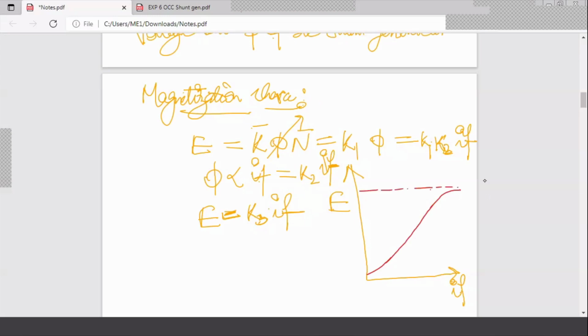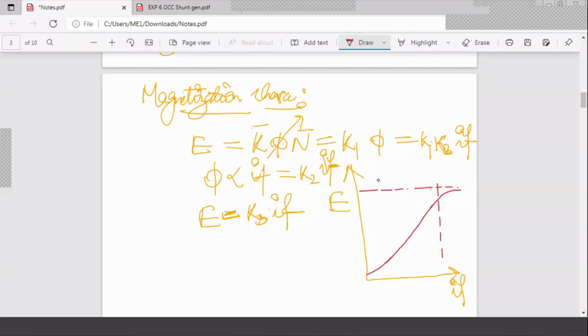So there will be a linear range, from this point to this point. After this, the machine starts saturation. That means you will reach a point at which you reach the maximum amount of generated EMF, after which there is not much increase in generated EMF, even if the field current is increased. The machine voltage will get settled to this point.